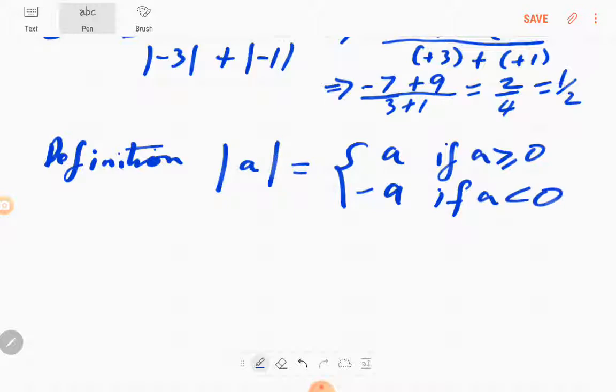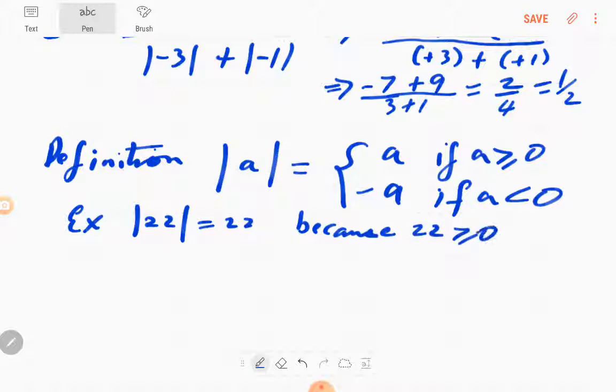Okay, so this is what the definition will say. So let's see how this plays out. So for example, absolute value of 22, well, it's equal to 22 because it follows the first line here. 22 is greater than or equal to 0. It just follows the first line.